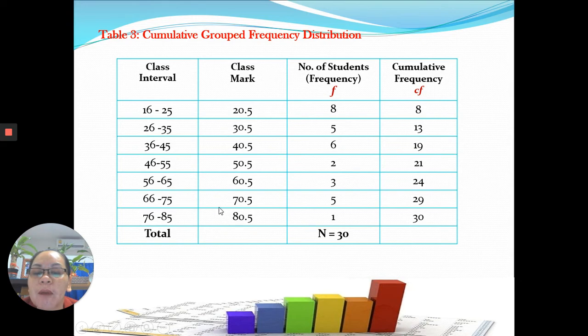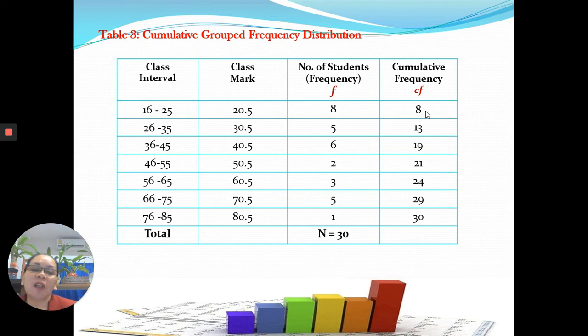I want you to remember how to get the class mark, because as we move along with our lesson, we will be discussing mean, median, and mode, you need to know this. Then you have the frequency. We just copy that from our frequency before. And then the cumulative frequency part here.